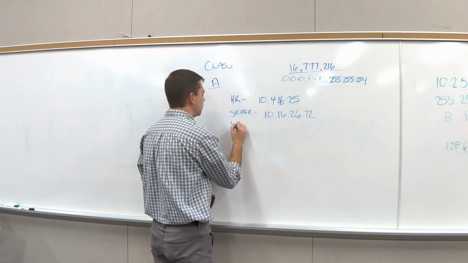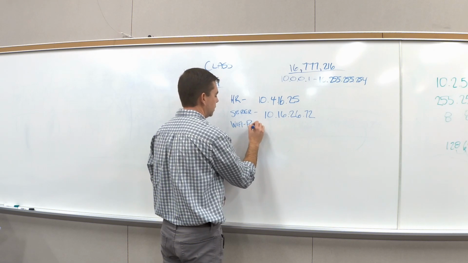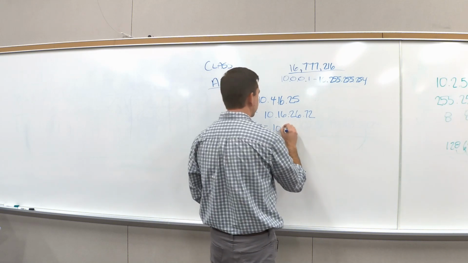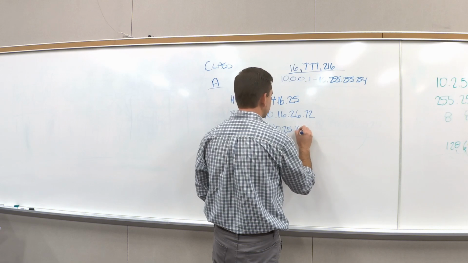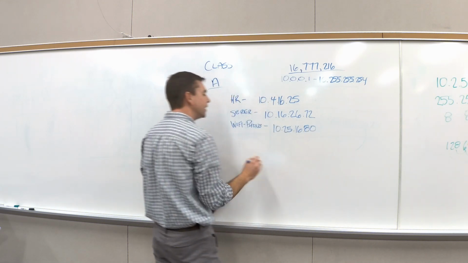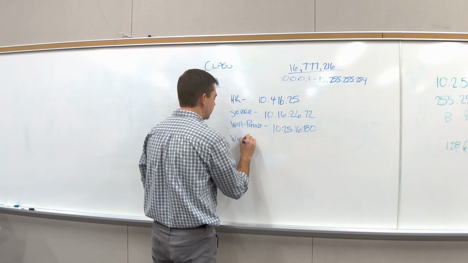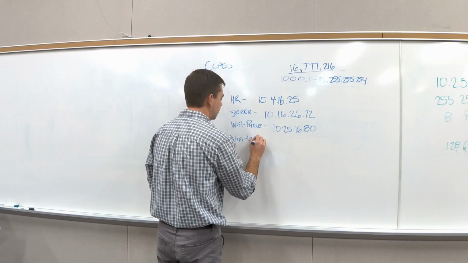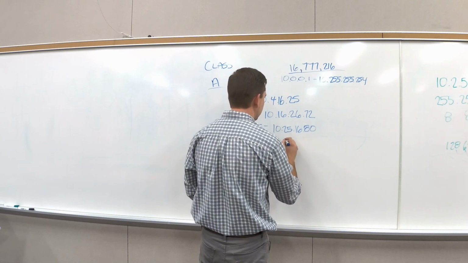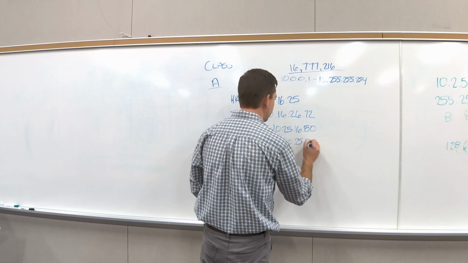And let's say somebody's phone connects and gets a 10.25.16, I like 16 apparently, .80. And then somebody brings their laptop in, connects to the Wi-Fi, and gets 10.30.25.80.